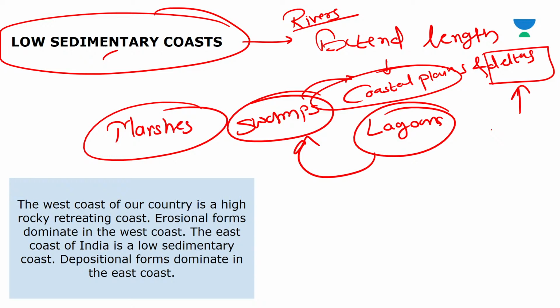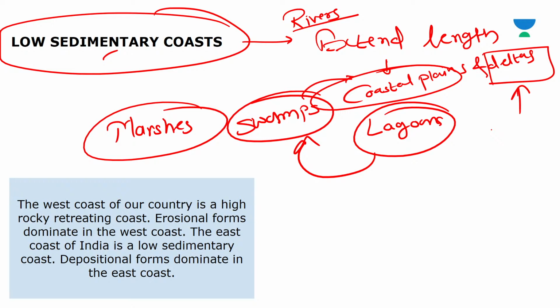Now, the west coast of our country is a high rocky retreating coast. So erosional forms dominate in the west coast. The east coast of India is a low sedimentary coast.